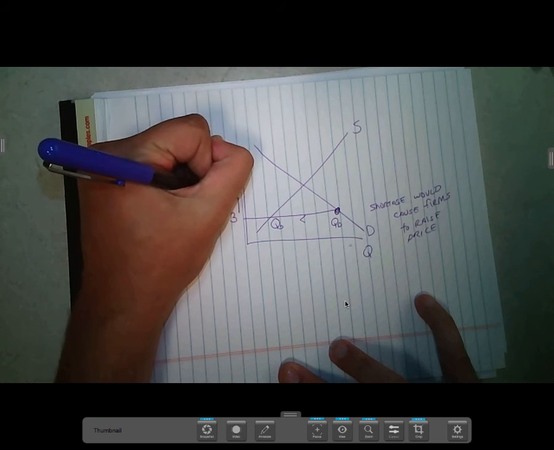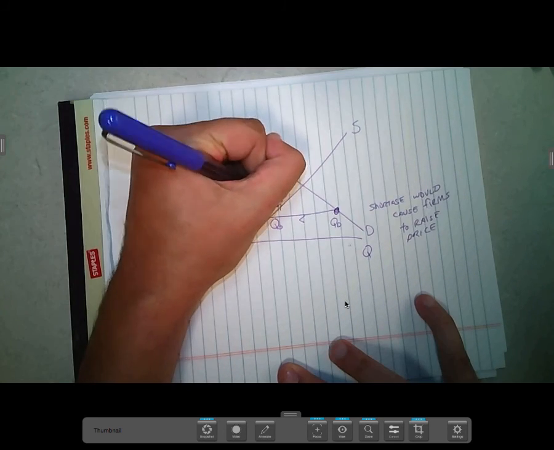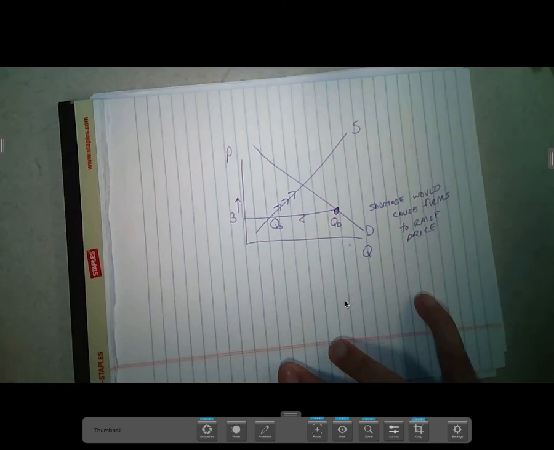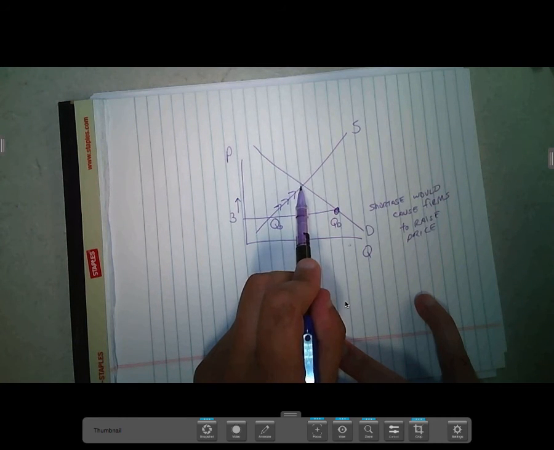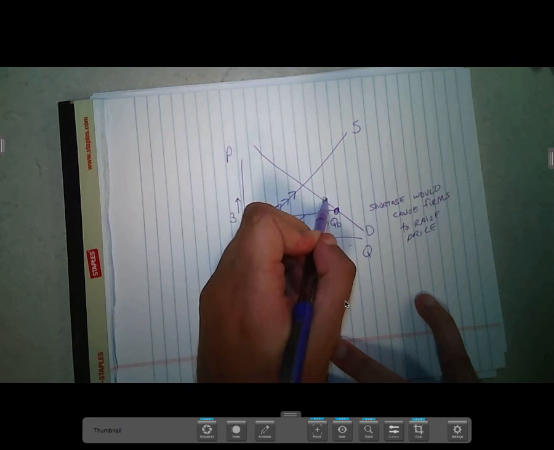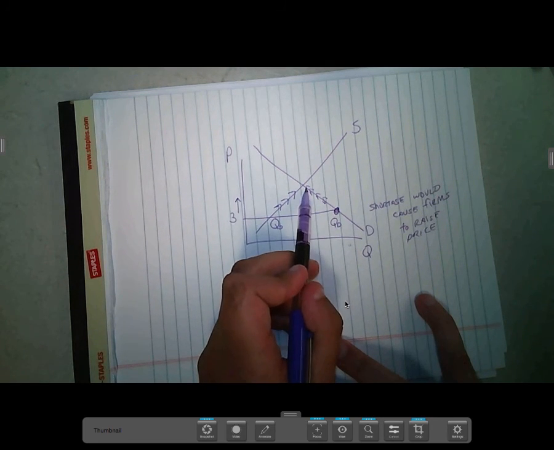Because we know we can charge more. And as the firm charges more and more, there's a movement along the supply curve, because firms, as they can charge more and more, are willing to sell more and more. But as the price goes up, consumers also will buy less.